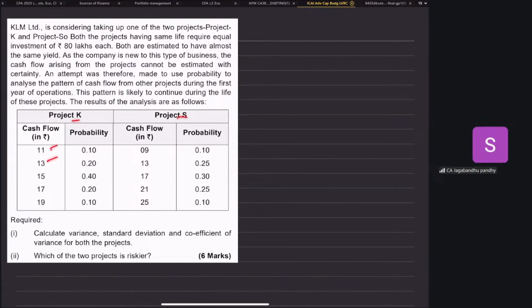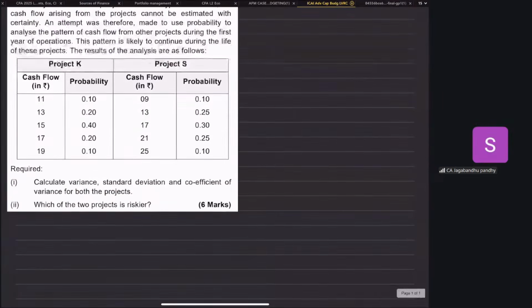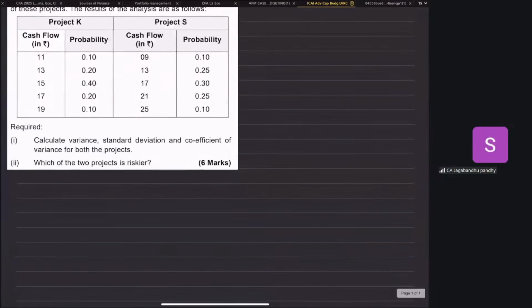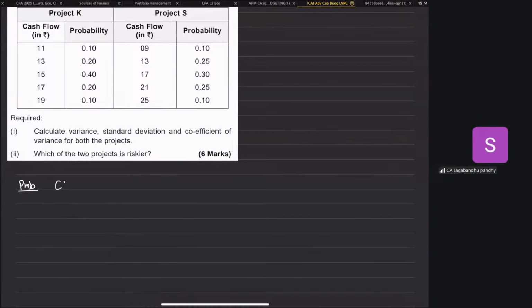So for project K and S, we have got 5 cash flows and their respective probabilities. We have to calculate the variance, standard deviation, and coefficient of variance for both projects, and then which of the two projects is riskier. So let me just do it for project K, and then you can replicate the same way for project S. We have probability 0.1, 0.2, 0.4, 0.2, 0.1, and the cash flows are 11, 13, 15, 17, 19.